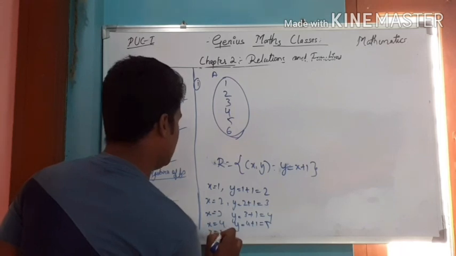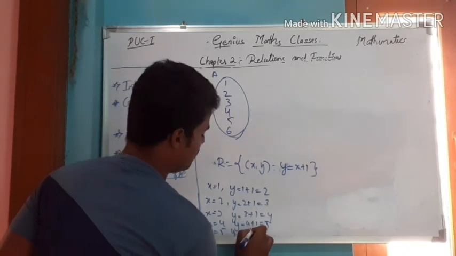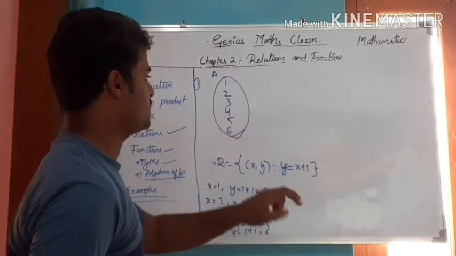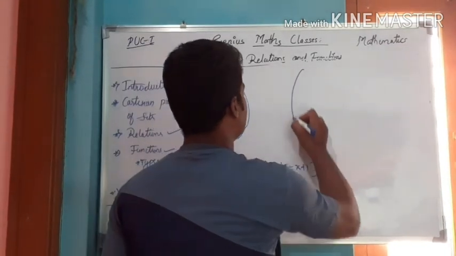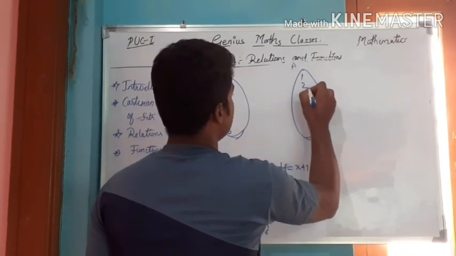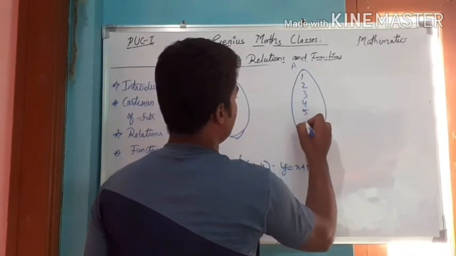Similarly, x equal to 5, y equals 5 plus 1, which is equal to 6. So what are the images? 2, 3, 4, 5, 6. So I have to write here the same set A: 1, 2, 3, 4, 5, 6.